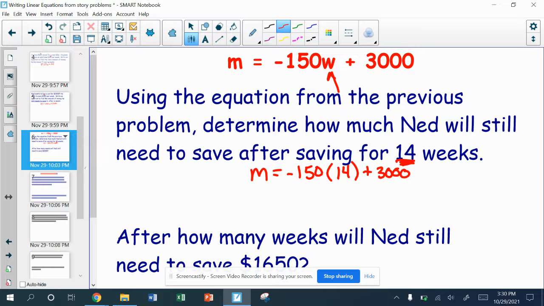So negative 150 times 14, using my handy dandy calculator, is going to be a negative $2,100. When we add that to the 3,000, the money that he still needs would be $900.